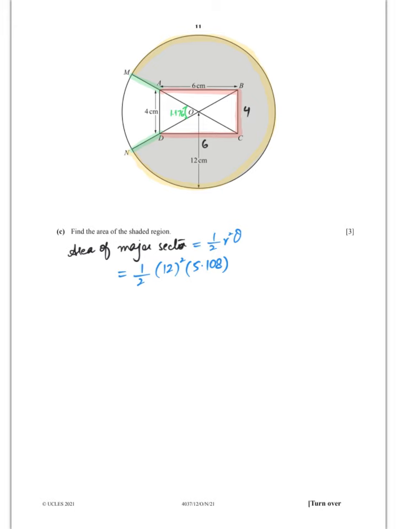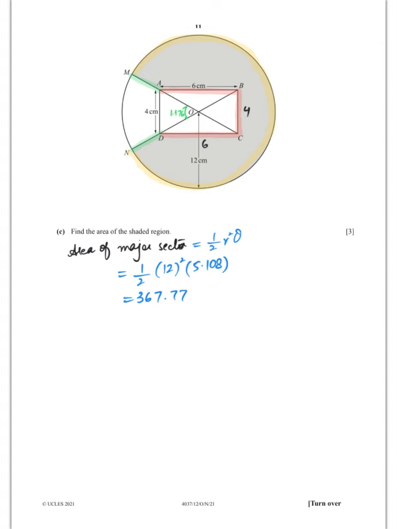So you need to simplify, it will be times 144 divided by 2. You will get the value of 367.77. That is the area of the major sector. Now we need to find the area of these three triangles, right? So I will label them.